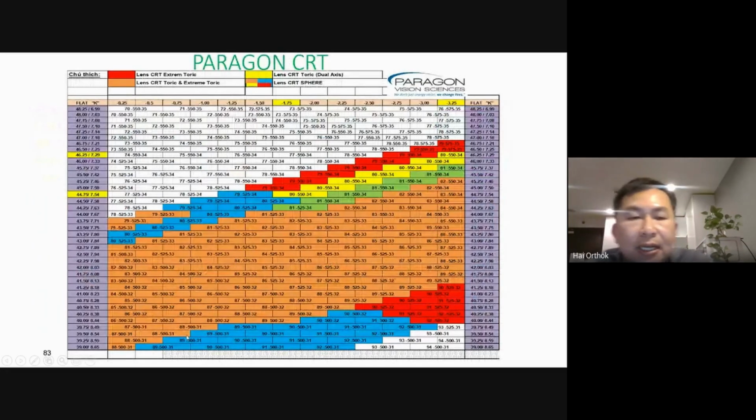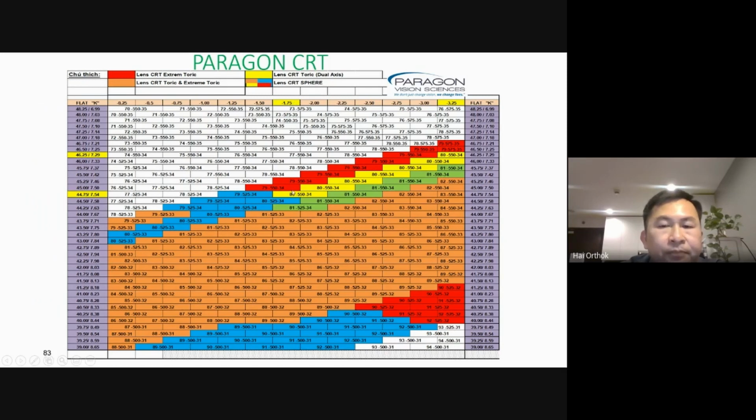Well, because the Paragon CRT is a lens that is very effective, in terms of one lens can provide many prescriptions for your patient. For example, if you have the lens 8.05, 550, 34 angle, you can prescribe it for a curvature of 44.75 and a patient with minus 1.75 diopter.